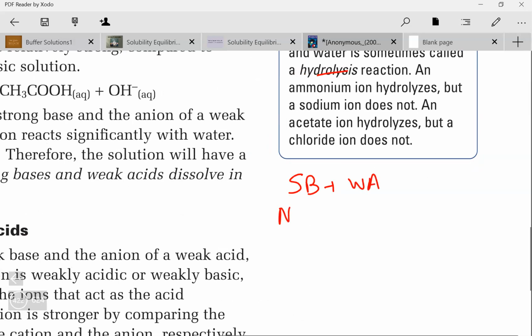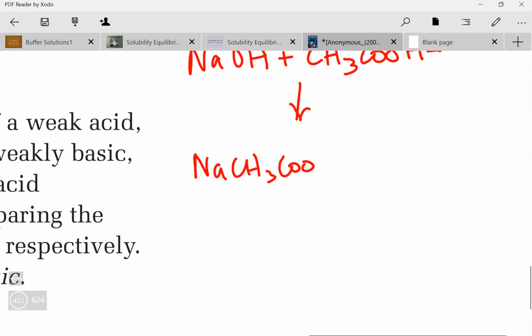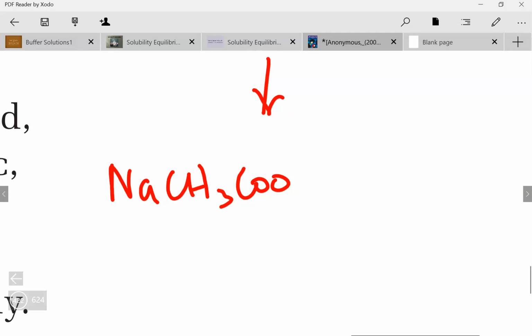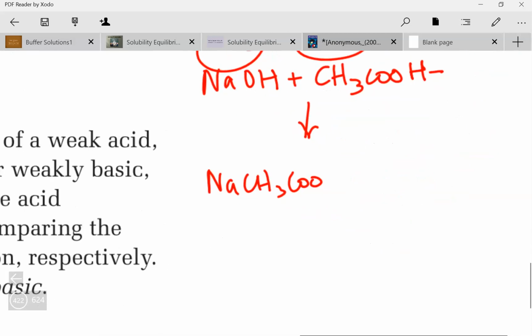So for example, NaOH plus acetic acid in water is going to give me sodium acetate plus water, right? So here, again, interestingly, I know that the combination of a strong base and weak acid is going to give me a basic salt, just because the base is stronger here.